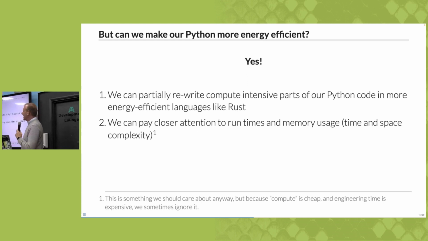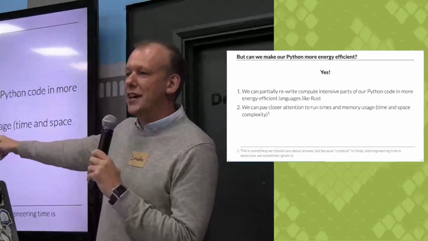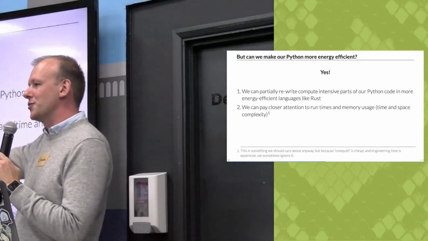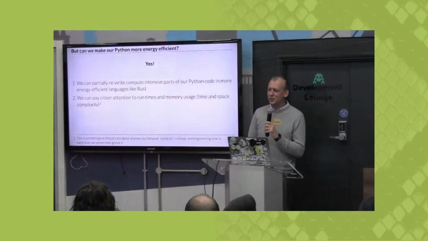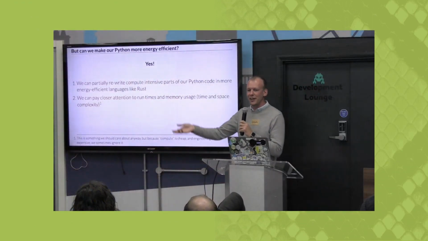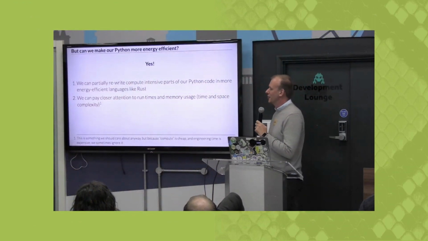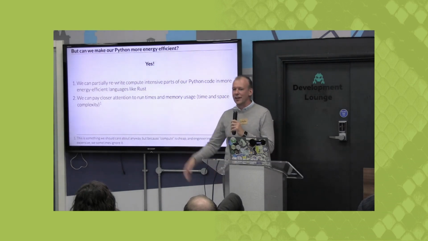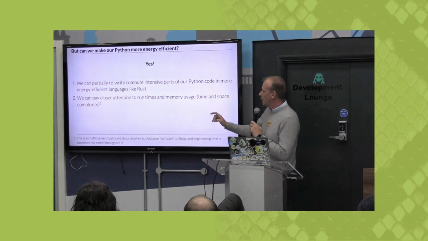But I think secondly, we just need to pay closer attention to runtime and memory usage. So this is like time and space complexity. This is the stuff that a lot of us study for technical interviews. We learn our algorithms and data structures, and then we forget about it because we think, oh, who needs to know how to invert a binary tree, or who needs to know what the big O of this sorting algorithm or that sorting algorithm is.